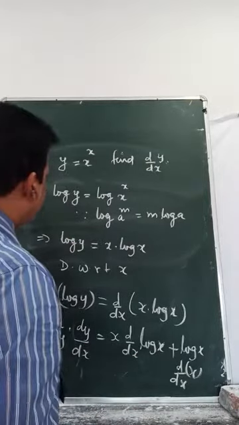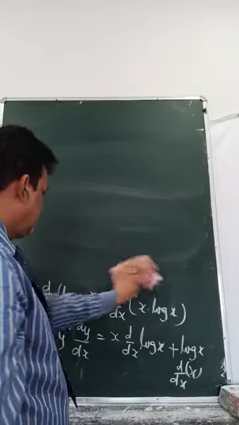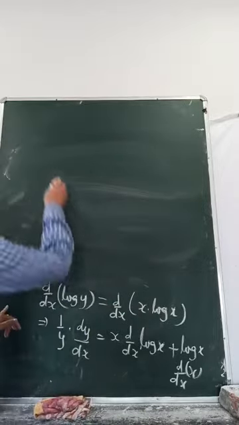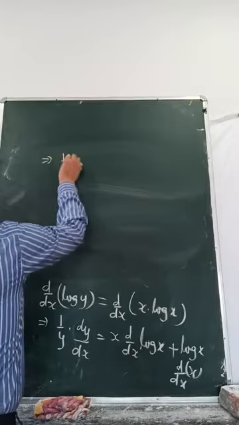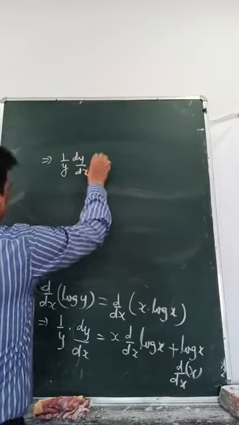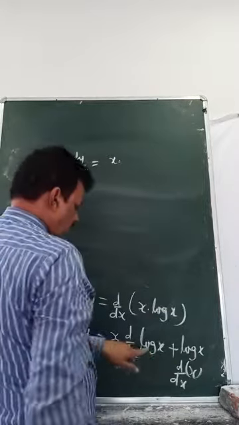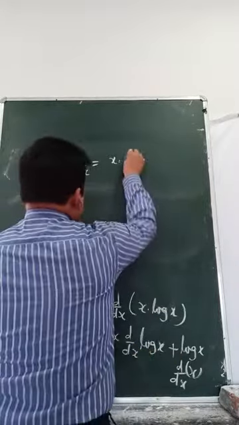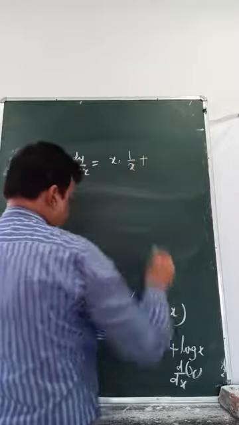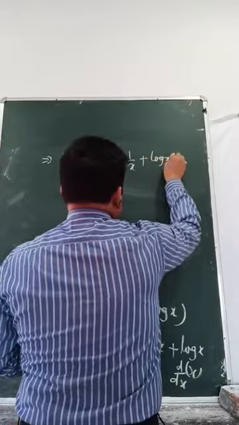So I get 1 upon y dy by dx equals x into 1 upon x plus log x into 1.